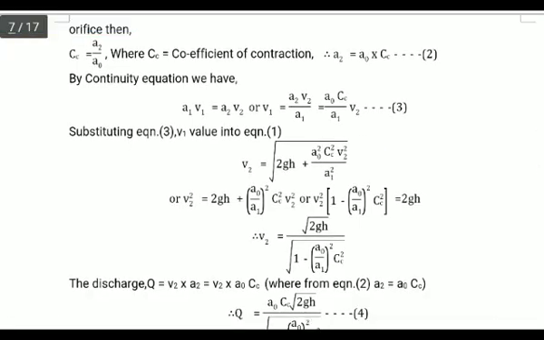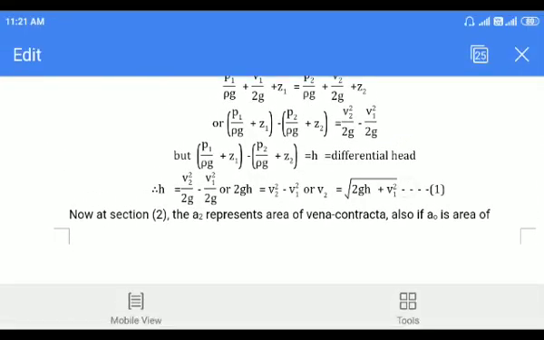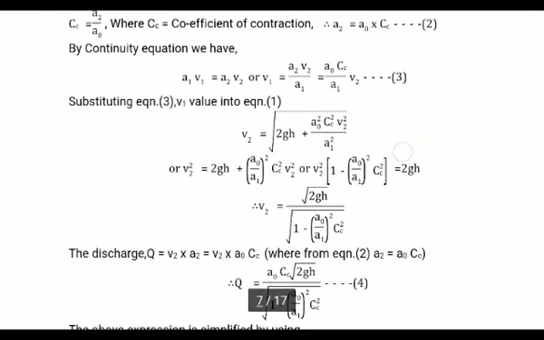Now substituting equation 3, that is the V1 value, into equation 1. Wherever V1 is there, you substitute this value. After substituting, we get the result like this: V2 square is equal to 2gh plus A0 square Cc square V2 square divided by A1 square.